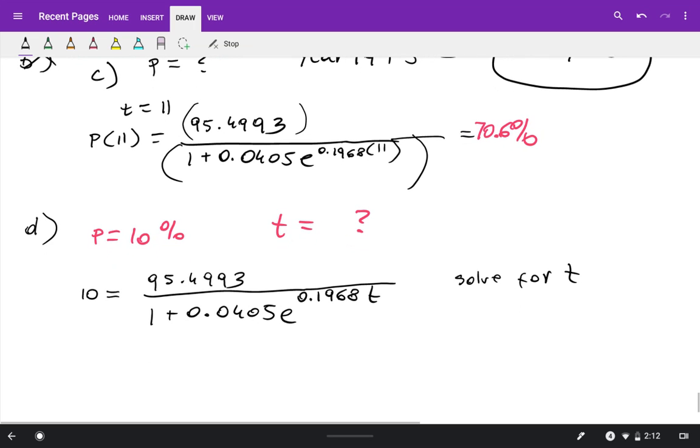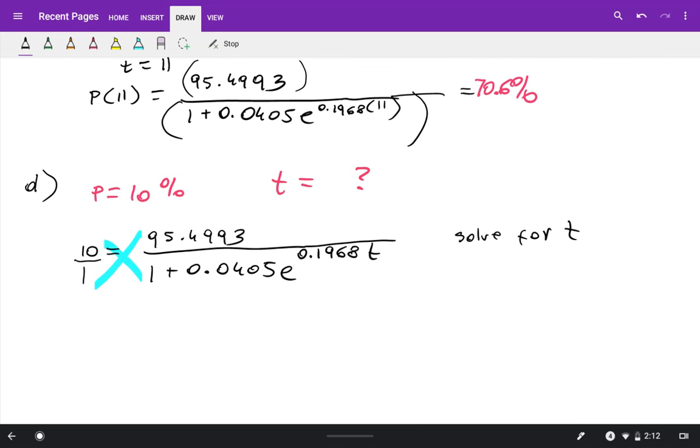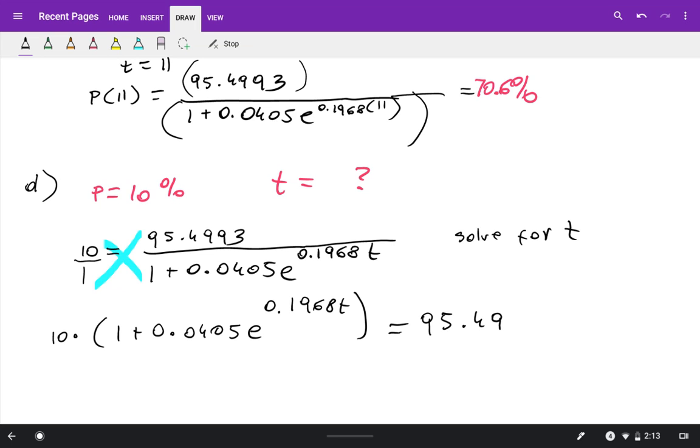What I recommend is to start with cross multiplication and multiply across. So we're getting 10 times 1 plus 0.0405 e to the power of 0.1968t equals 1 times 95.4993.